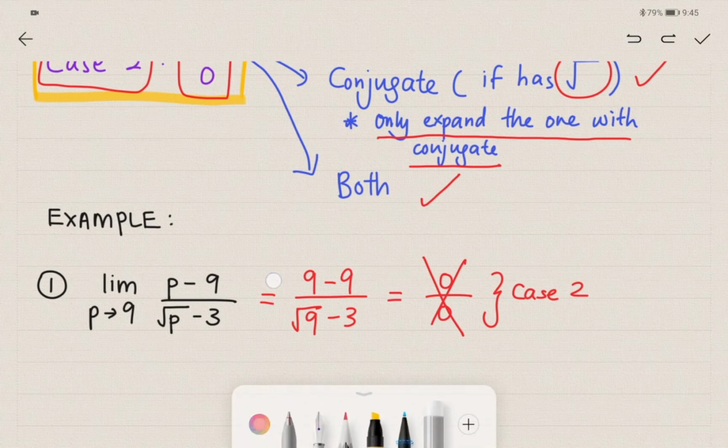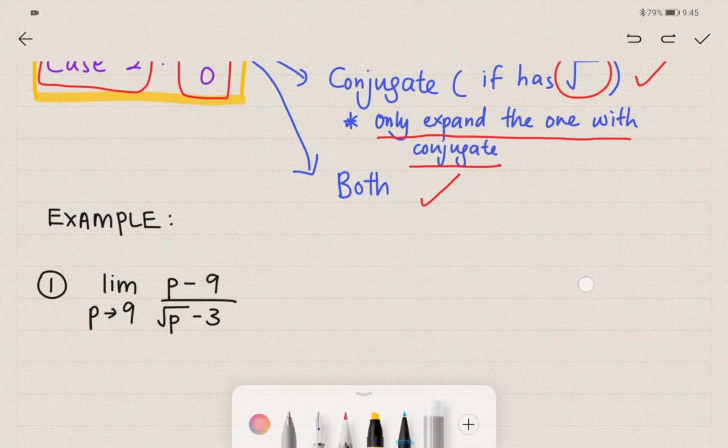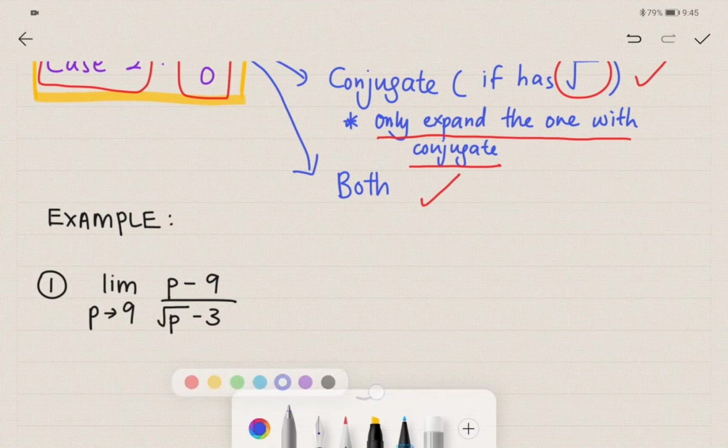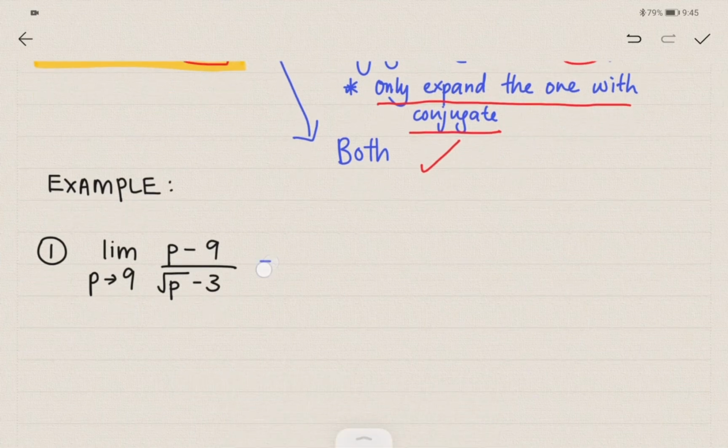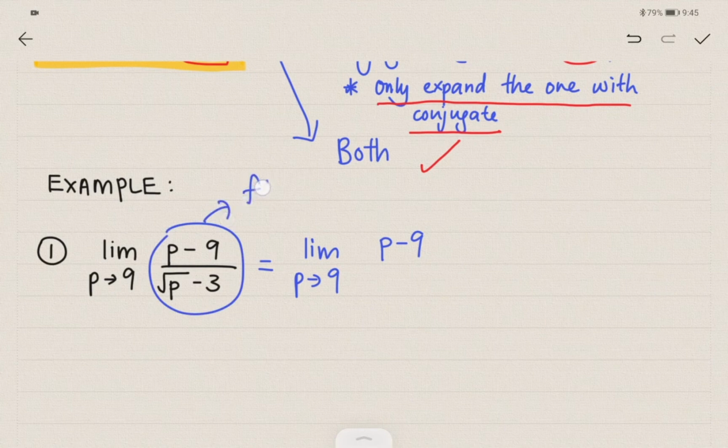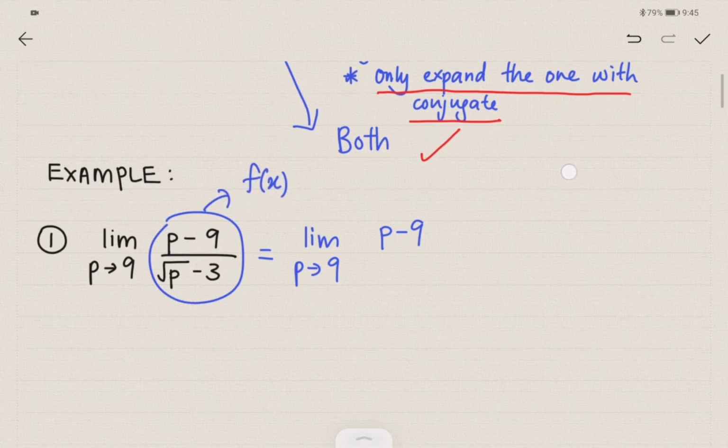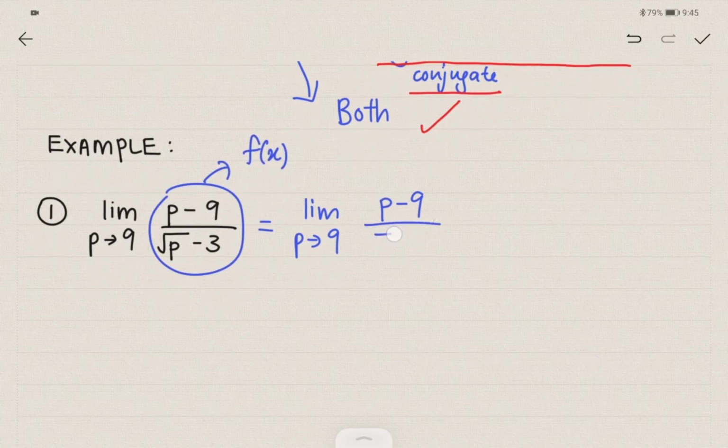So now, we just rewrite the question, and then we multiply the f(x) that is here with its conjugate. It doesn't matter whether the surd is at the numerator or denominator; we can use the concept of conjugate when it is case 2.